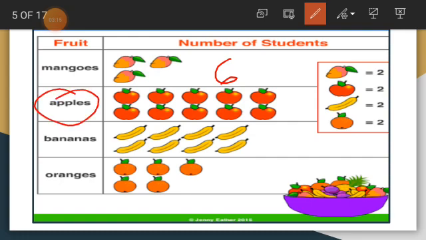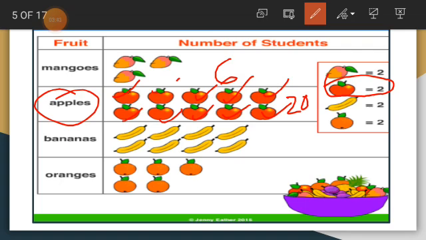Now what is the next fruit? That is apples. Now count the apples with me. 1, 2, 3, 4, 5, 6, 7, 8, 9, 10. There are 10 apples, but 1 apple represents 2 students. So 2 times 10 is 20. So how many students like the apples? 20 students. Very good.